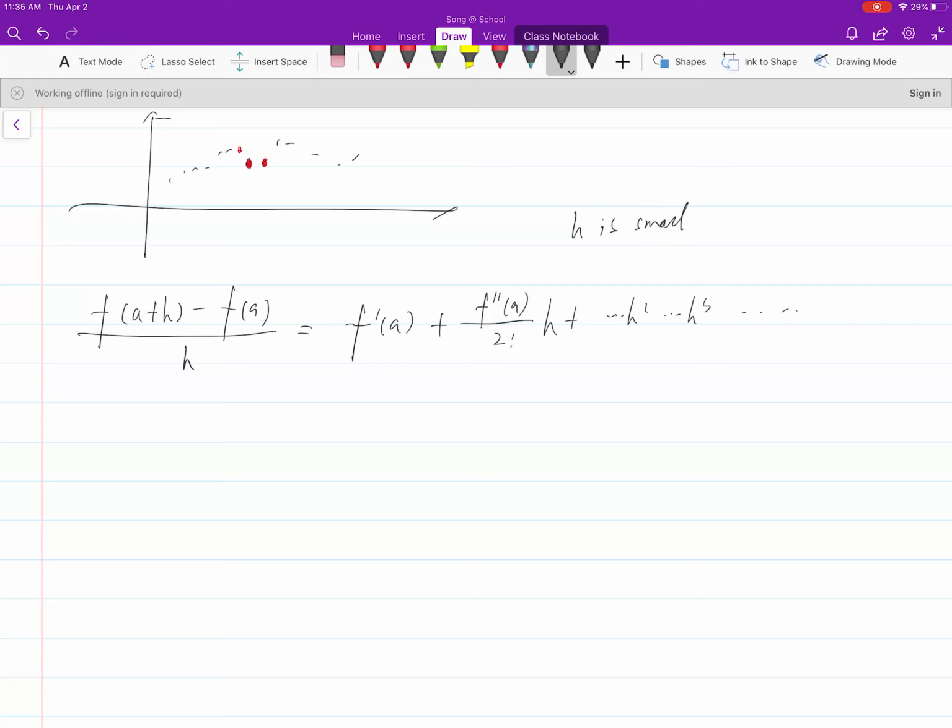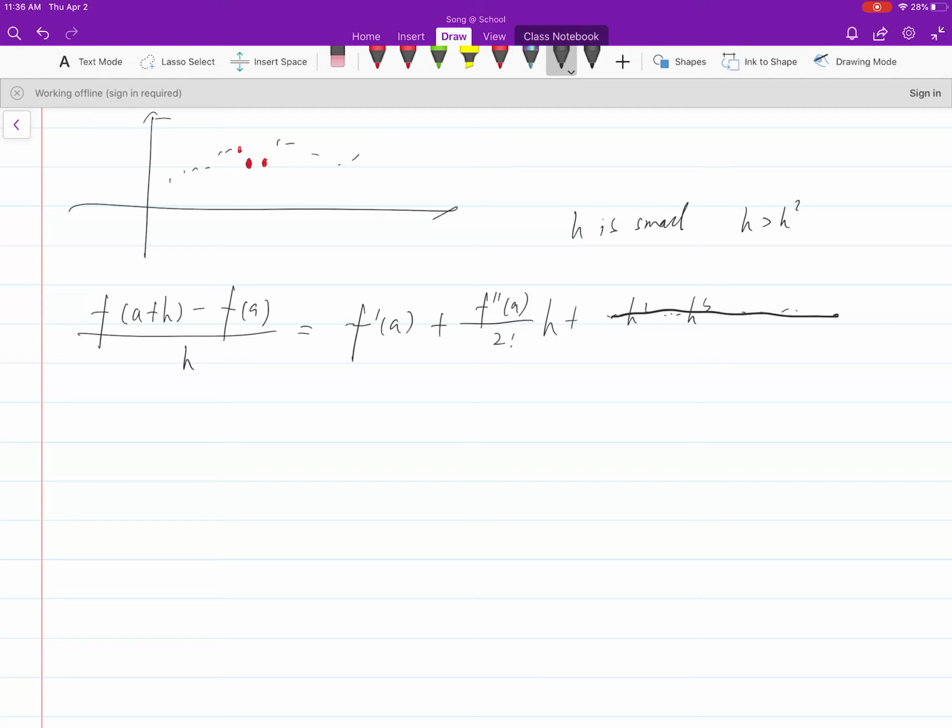Note that when h is very small, h is going to be way bigger than h squared. For example, 0.1 is way bigger than 0.01. It's way bigger than 0.1 cubed, which is 0.001. So when h becomes extremely small, all these terms after that won't matter that much. All that matters is only this term.